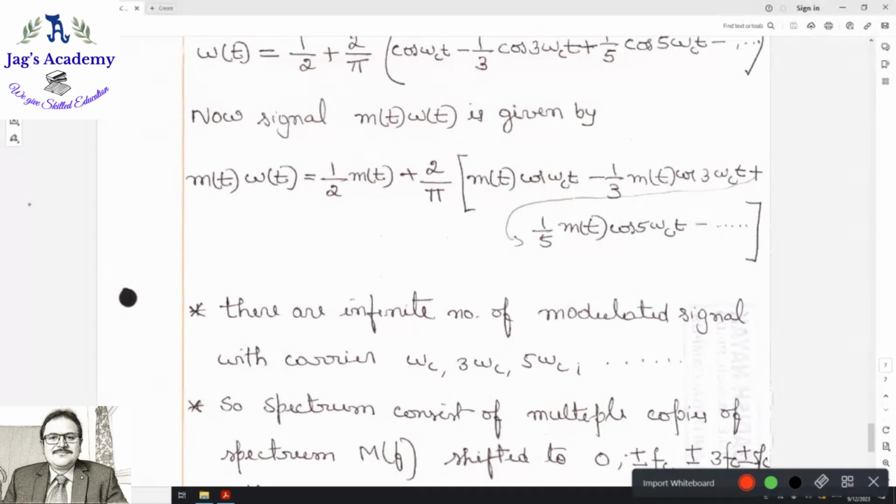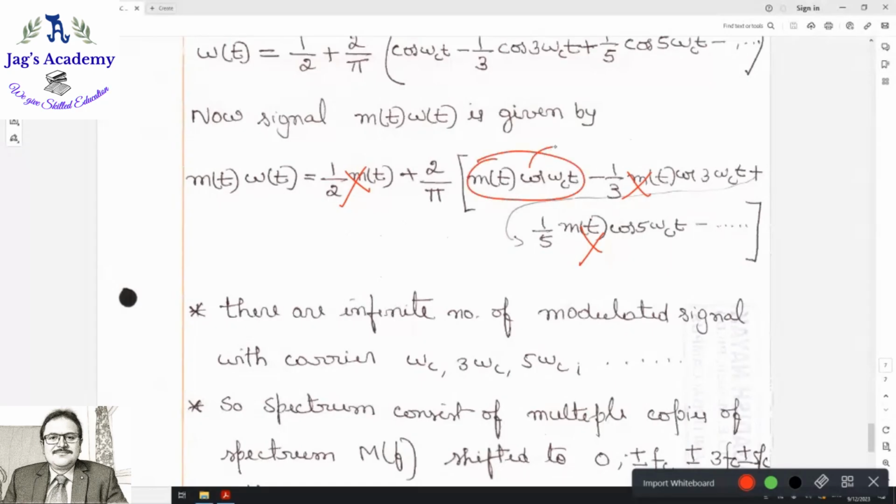So how do you remove that? Use a filter, right? Use a band pass filter with the center frequency omega c, and all other frequencies are not required for us. This is not required. What is required is only this.